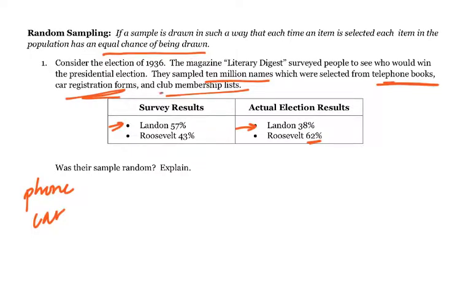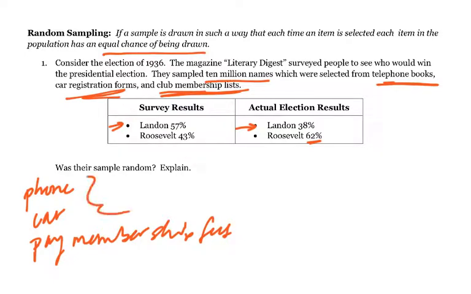And if you are part of a club membership, that means that you pay membership fees. So these select groups of people all have something in common. They had the means in 1936 to own these items.